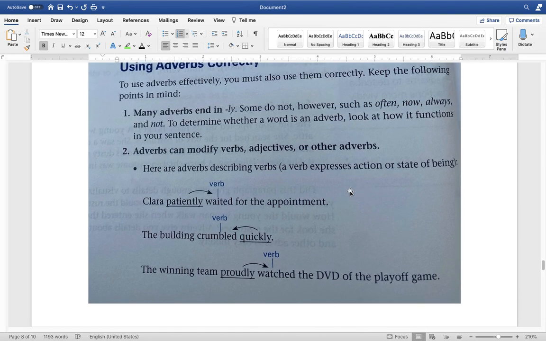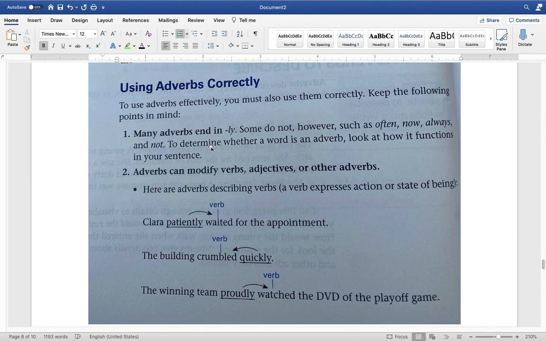So in terms of adverbs, right, most end in ly, not all of them. Adverbs can, like adjectives, modify verbs, adjectives, or other adverbs. So they do a lot of things. And just like I said above, you don't want to overuse adverbs, just like you don't want to overuse adjectives.